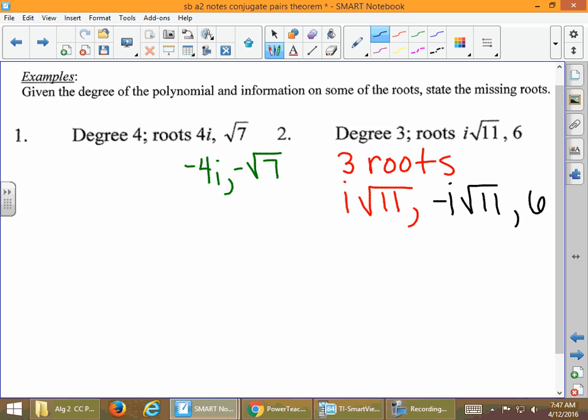The only thing that we change is if we have a square root of something, then we have the plus and minus. If we have an imaginary, then we have a plus and minus. The regular numbers that we're used to working with in our polynomials, we don't have to change any signs.